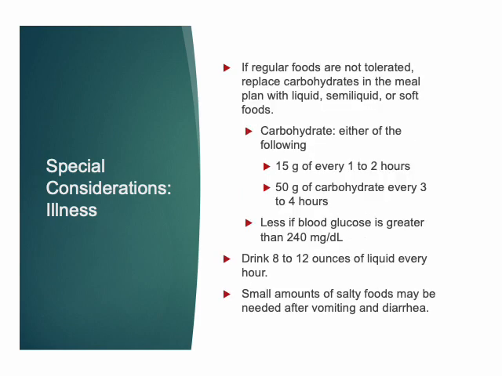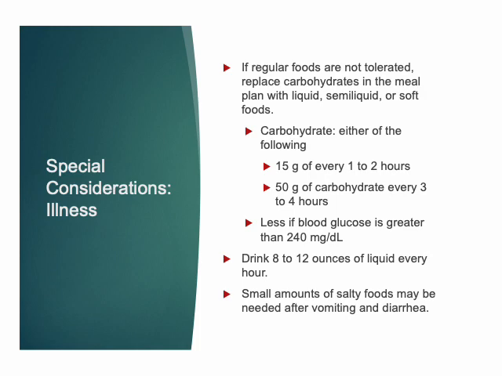Now, if regular foods cannot be tolerated in times of illness, then we still need to supplement this somehow to provide energy and also to prevent dehydration. And so you need to think about how we're replacing these carbs. Are we going to replace them by adding liquid, semi-liquid, or soft foods?